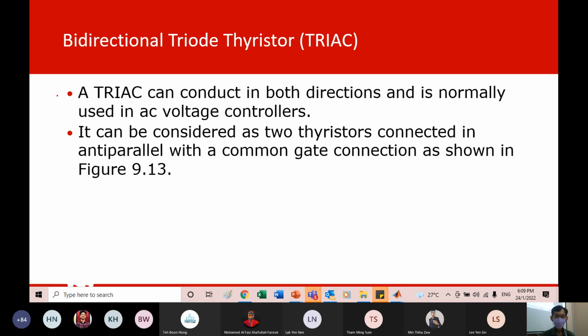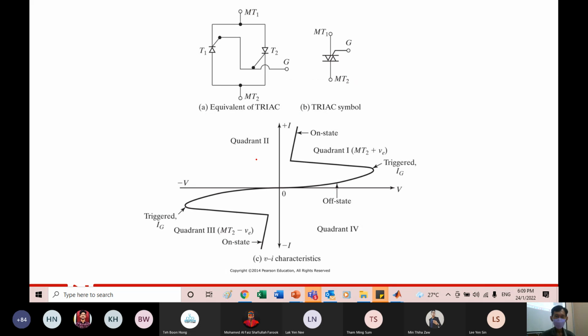Okay, now this is another test. Of course, in terms of symbol, it looks like that. The industrial symbol, when you go to buy, you want to draw it, is two diodes connected with only one gate.